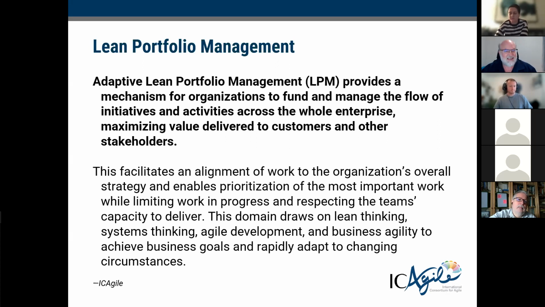So this is the stake in the ground that ICAgile has put there and said, this is our definition of lean portfolio management, to set that up and make it freely available to the world. One of the things that we do with these learning outcomes is we release them as Creative Commons assets.